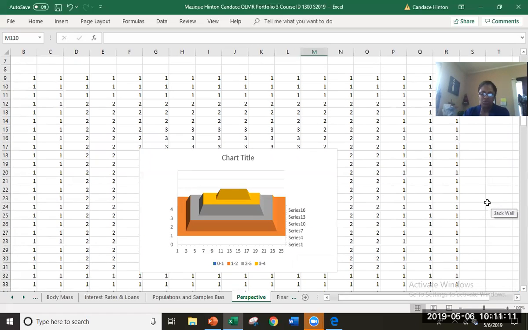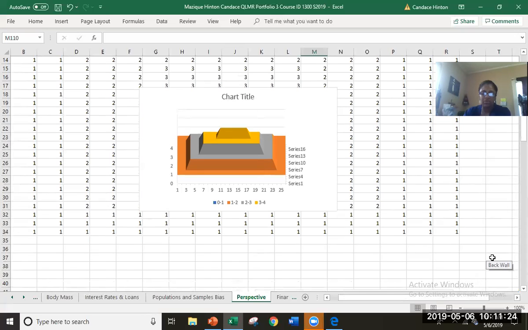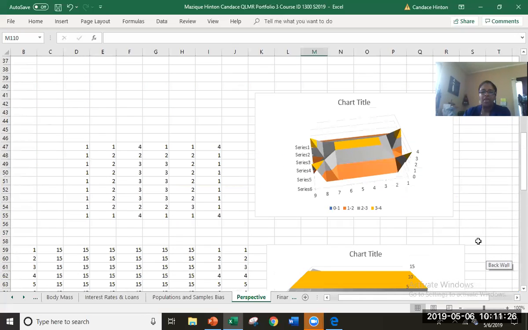When I changed the numbers of some of my graphs, as I increased the number, it raises the surface, and as the number lowers, it becomes flatter. And by that, I'm speaking of here.